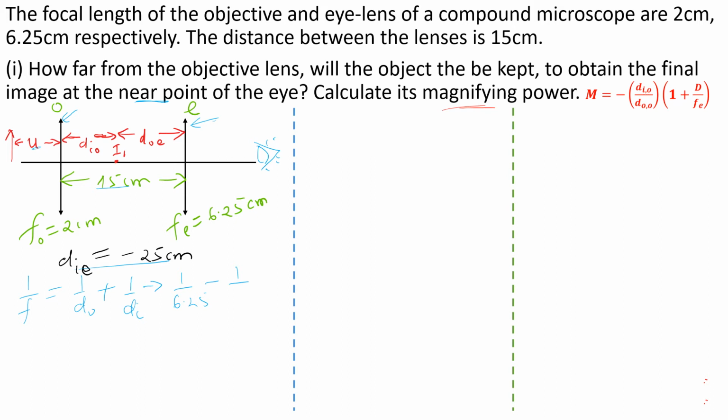Since it's negative, this is now going to be a plus 1 over 25, so this is going to be 1 over D object for the eyepiece. D object for the eyepiece, using your calculator, is going to be 5 centimeters positive.